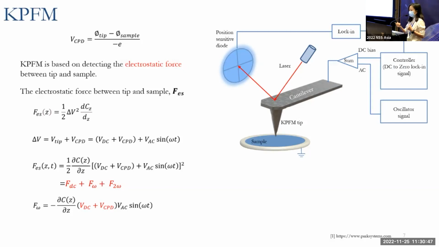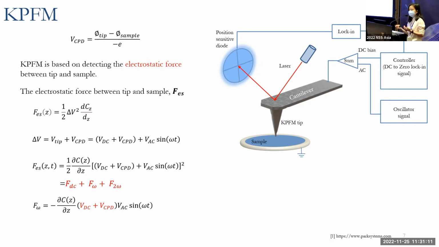This electrostatic force can be written as the function of potential difference between the tip and the sample. Specifically, during the KPFM testing, both AC and DC voltages are applied to the KPFM tip.